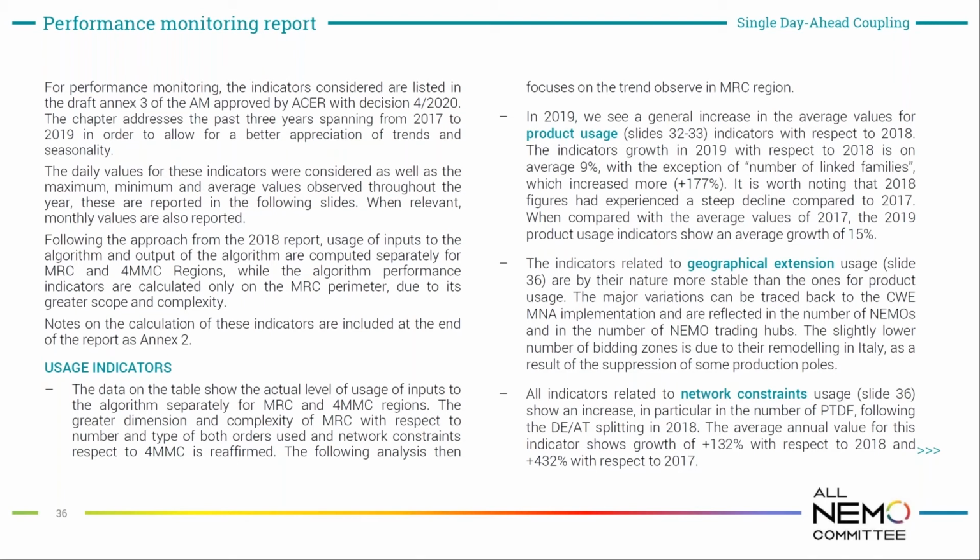Regarding the geographical extension, we have observed that the number of bidding zones has been reduced for the 4MMC because there has been a remodeling in Italy, because some production nodes were suppressed. The network constraints, and specifically the number of PTDF, have increased quite a lot, over 132% with respect to 2018, due to the introduction of the Germany-Austria split.